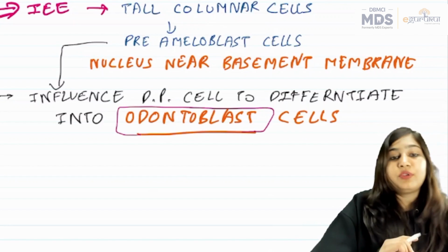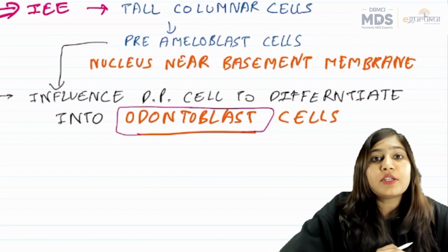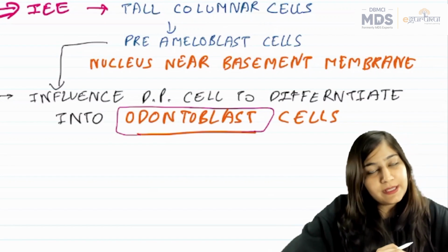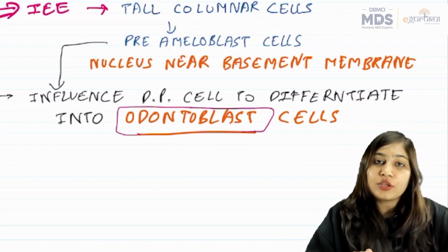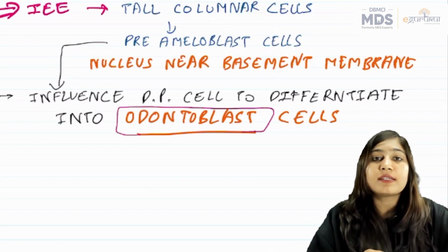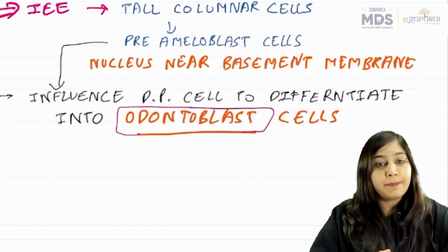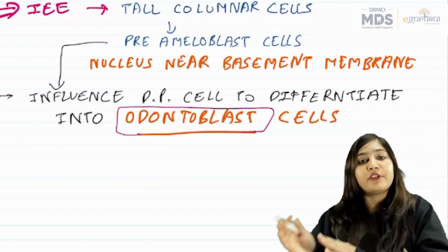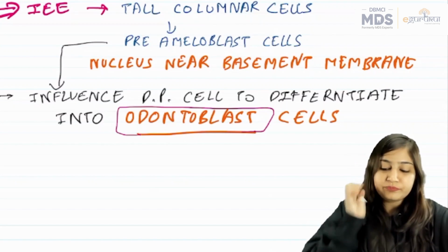This you will have to remember. Inner enamel epithelial cells, that are pre-ameloblast cells, are tall columnar cells. They have nucleus towards the basement membrane, and they will influence the underlying ectomesenchymal cells just adjacent to the enamel organ. What is this portion called? Dental papilla. So the outermost layer of the dental papilla cells will receive signal from the pre-ameloblast cells, and they begin their differentiation into which cells? Odontoblast cells.